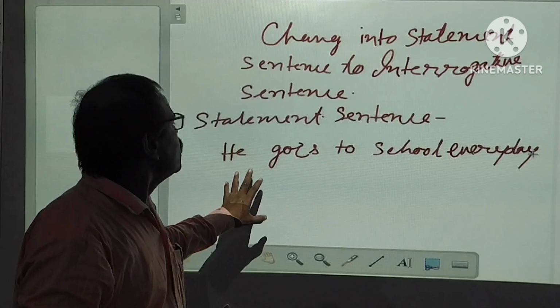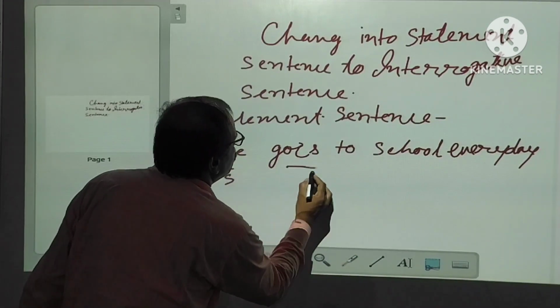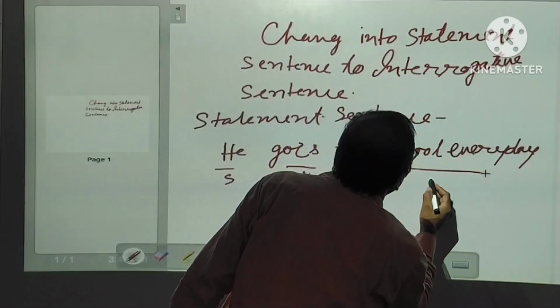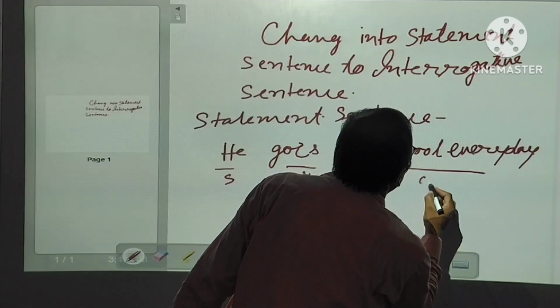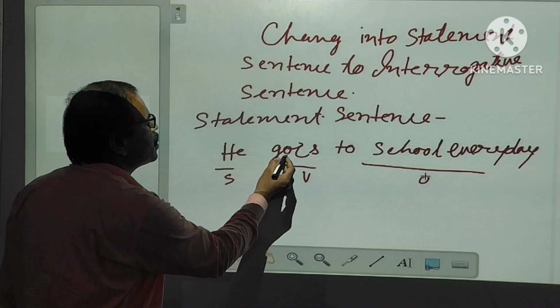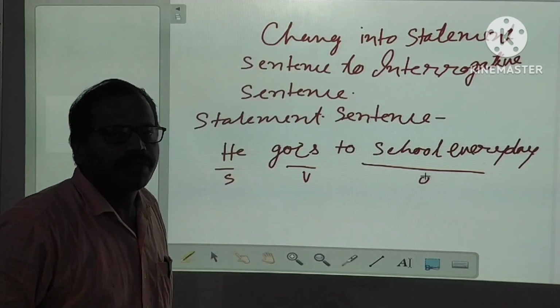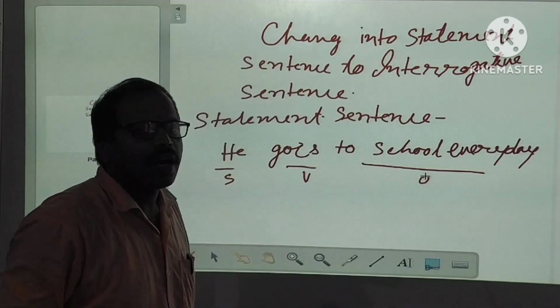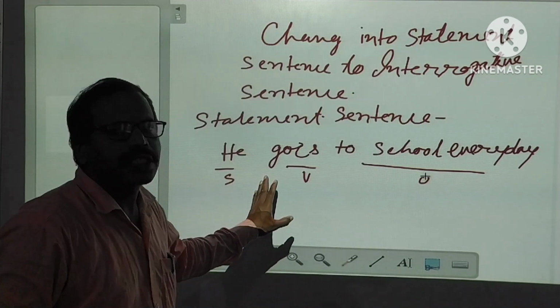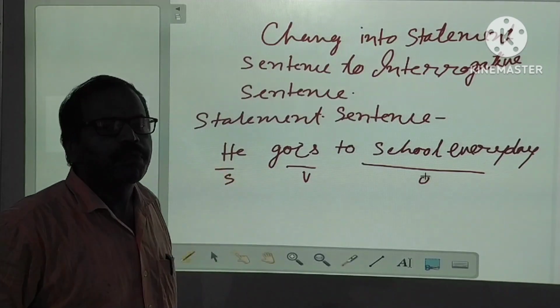In the sentence "He goes to school every day," he is the subject, goes is the verb, and to school every day is the object. When we change it into an interrogative sentence, at first we find the auxiliary verb. Here there is no auxiliary verb, so we have to search which type of auxiliary verb we need to put up.